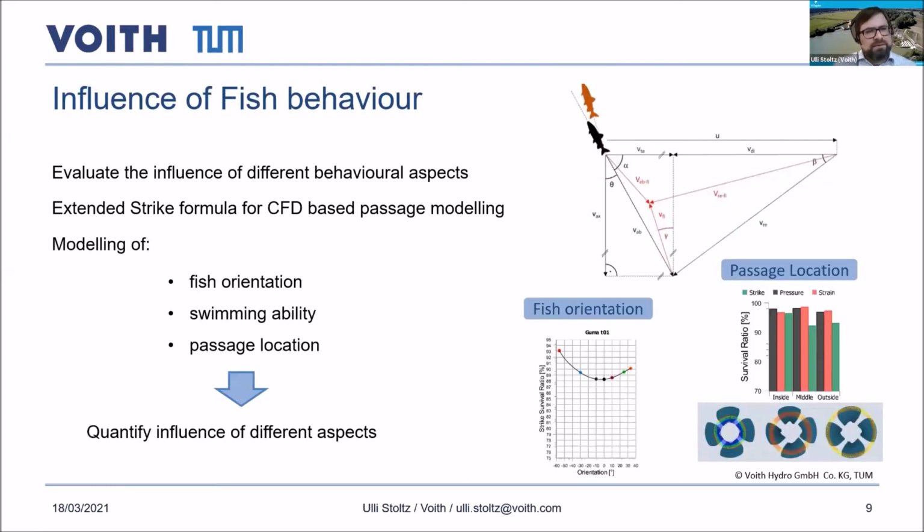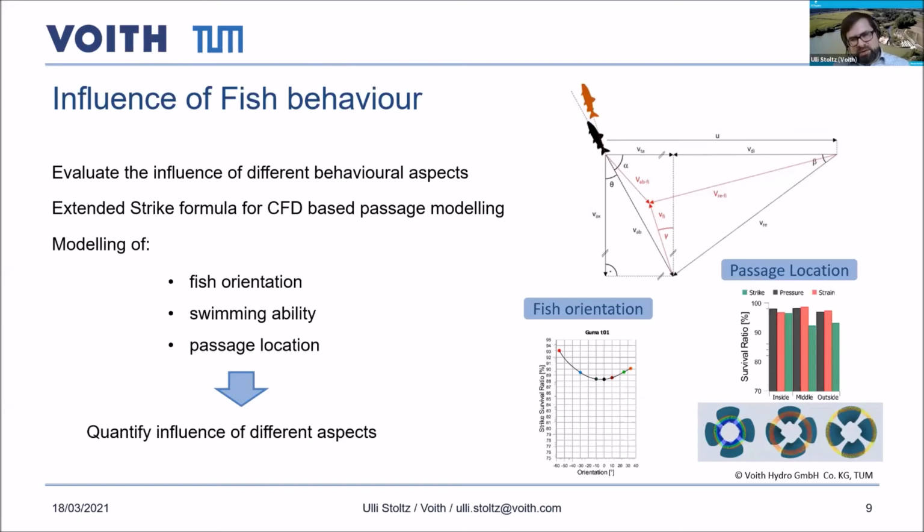Okay, the second part, besides the hill charts, was trying to bring these behavioral aspects into the modeling. So we naturally looked into the fish orientation in relation to the turbine, the swimming ability, so if the fish is actually swimming against the flow, or the passage location.